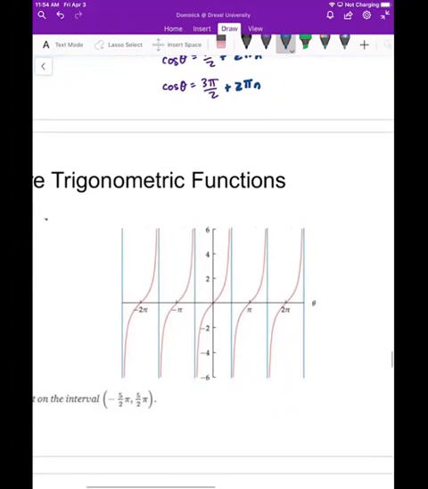And that's where you're going to get this sort of funky looking graph, where at these multiples of pi over 2, you're going to get an asymptote because that would cause division by 0. And close to that asymptote, you're either going to go towards infinity or negative infinity. So the graph of tangent is very different from the graph of sine and cosine, because with sine and cosine you get that wavy activity, whereas in this one, you get this weird spiking thing going on.